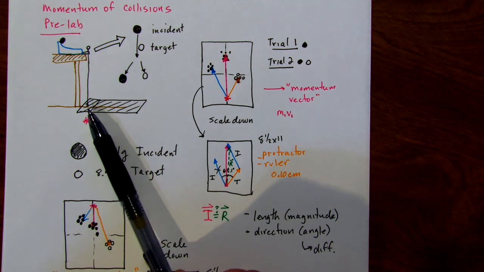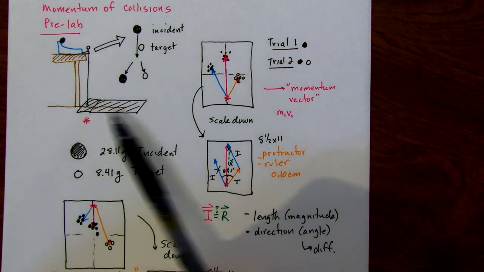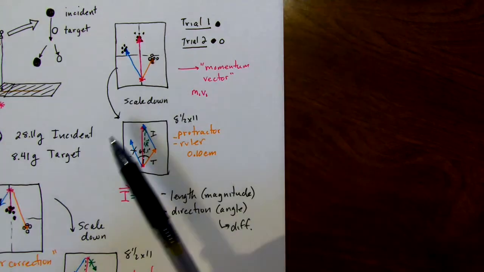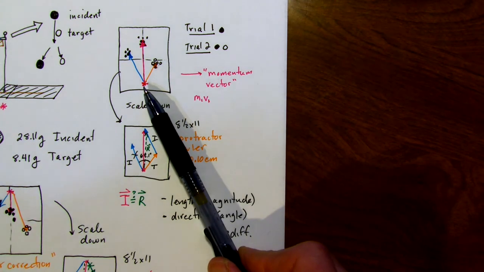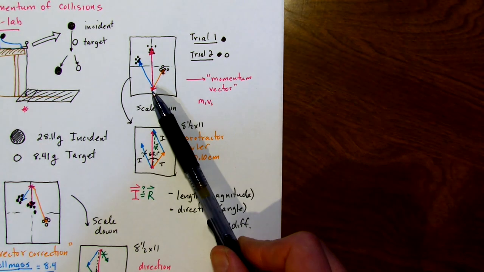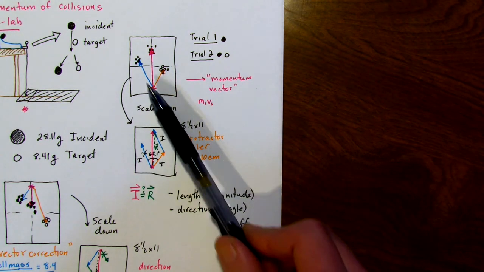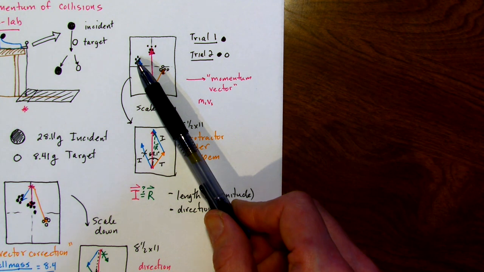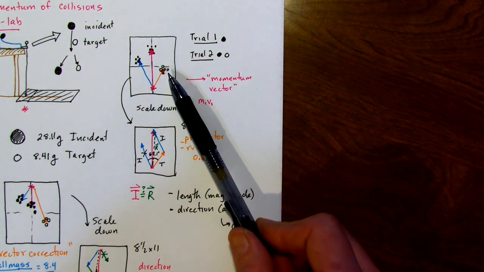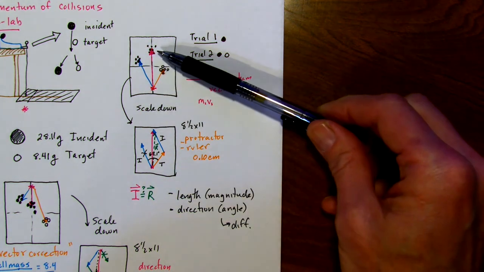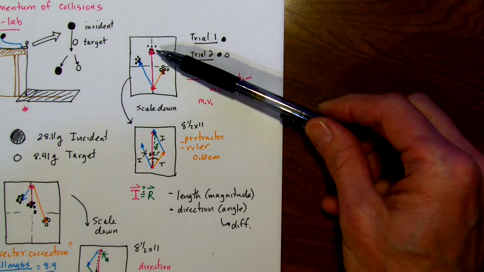The collision is drawn precisely or specifically above a landing pad here with carbon paper. And when we are finished with the collision, we find that the incident went off to the one side and the target went off to the other side. But all of the momentum actually comes from the incident sphere, so we roll that one alone.